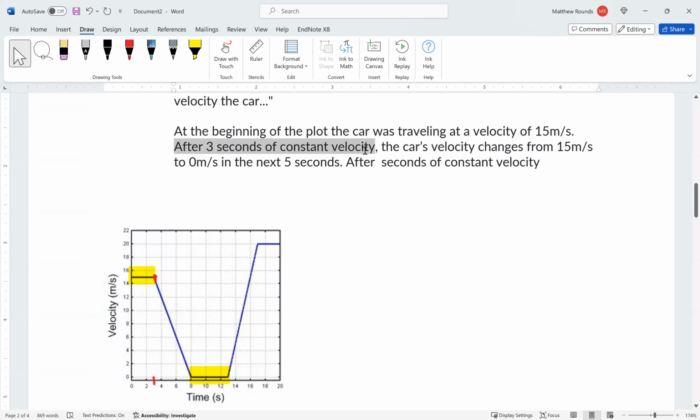It says after 3 seconds of constant velocity, so 0 to 3 was 3 seconds of constant velocity. How many seconds of constant velocity is it down here? It says 12. That means 0 to 12. That's not how long. How wide is this part of the graph?